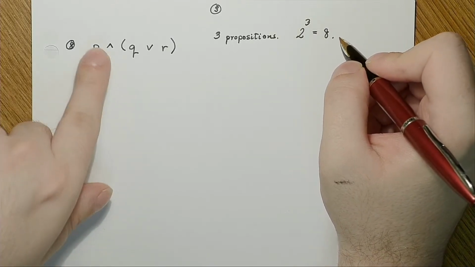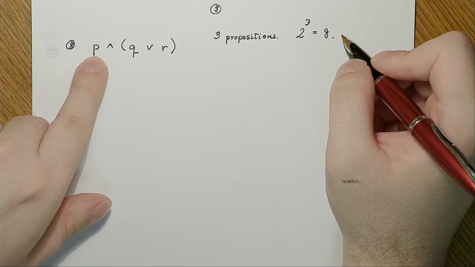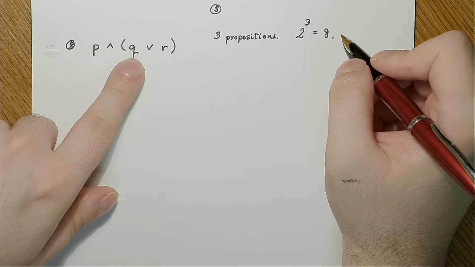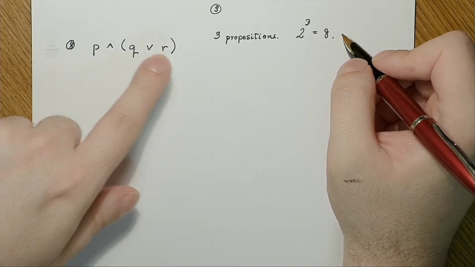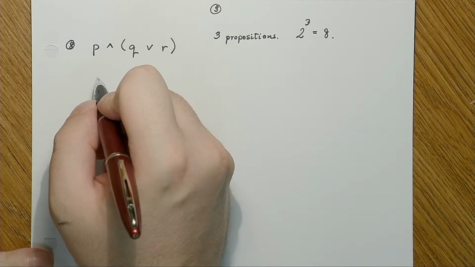The reason for that is because I have 2 possibilities for assigning true or false to P, 2 possibilities for assigning it to Q, and 2 possibilities for assigning it to R. So 2 times 2 times 2 gives me 8.